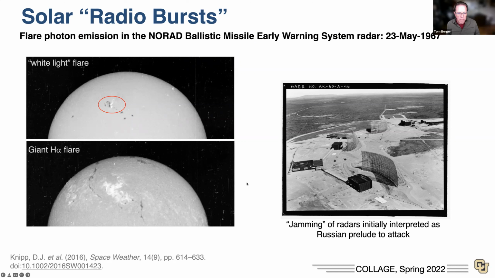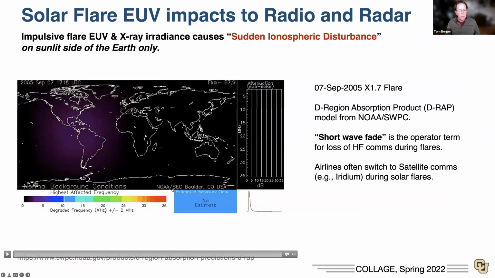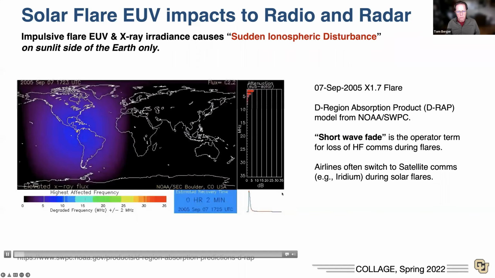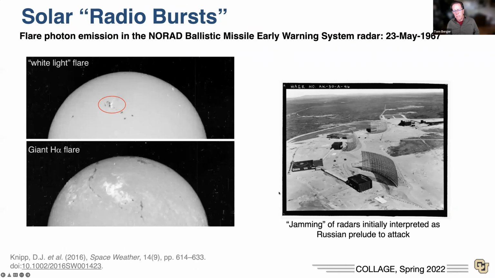Back in '67, they didn't have the X-ray satellites up, so it wasn't X-ray classified, but they think it was probably an X20-ish. And this had a tremendous radio burst, which actually jammed the over-the-horizon radars of the ballistic missile early warning system and caused a lot of consternation.